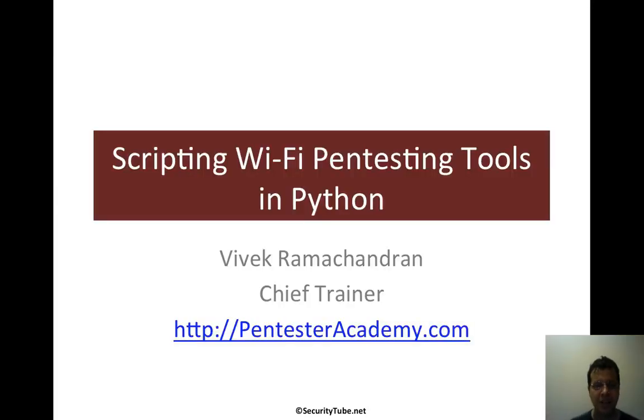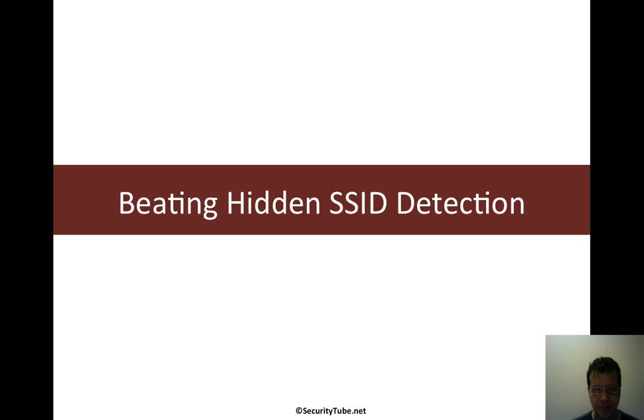Hello all. Welcome to the Scripting Wi-Fi Pentesting Tools in Python series at Pentester Academy. Now, in the last videos, we looked at how to uncover hidden SSIDs. The first one was a passive technique to search for probe responses, and the second was to use a dictionary-based attack on hidden SSIDs.